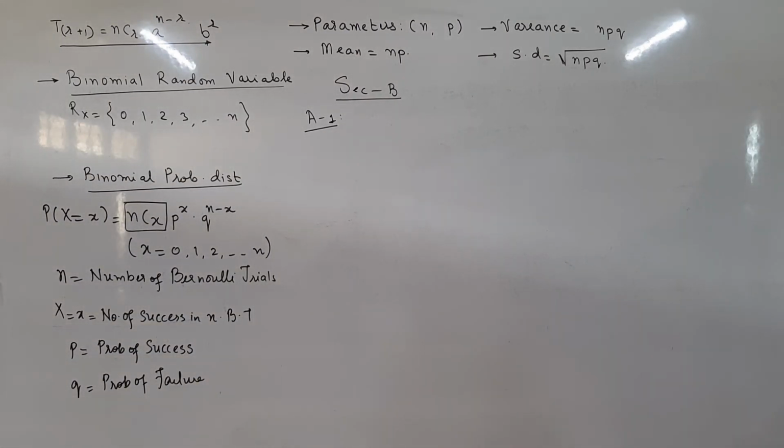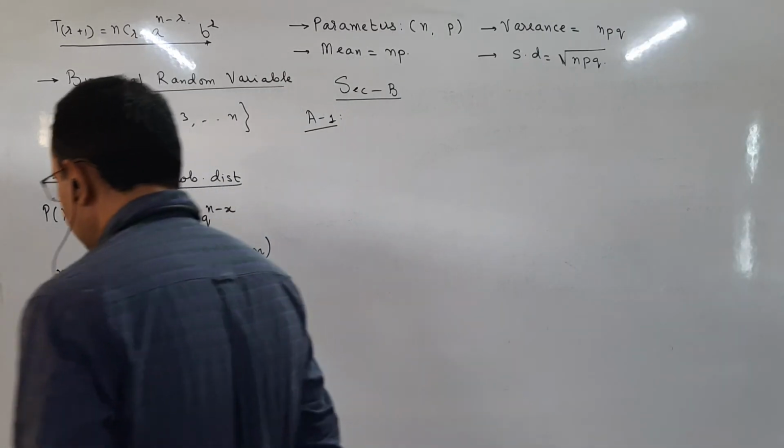Define discrete random variable. A random variable which assumes a finite or countably infinite number of values in the set R is called a discrete random variable.